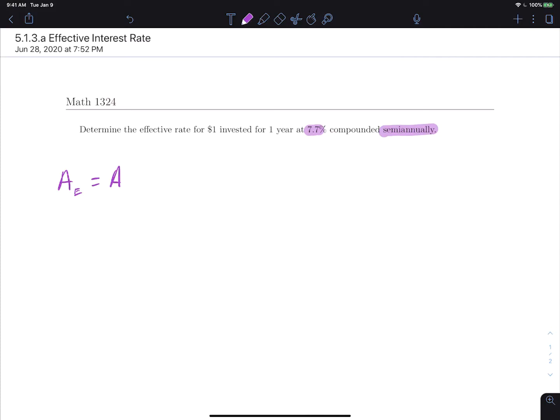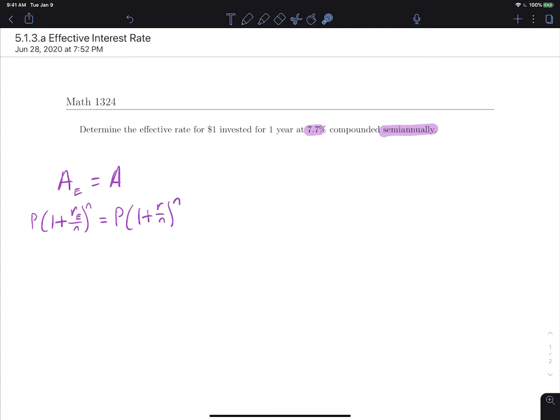Now, if we were talking about compound interest, the effective compound interest would be P times 1 plus your effective interest rate over N, all to the N times T, but T is going to be defined to be 1. And that is going to be equal to the future value here, which is just P times 1 plus R over N to the nth power.